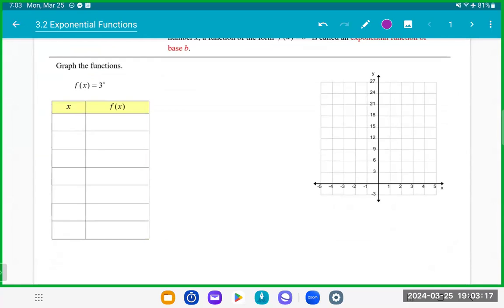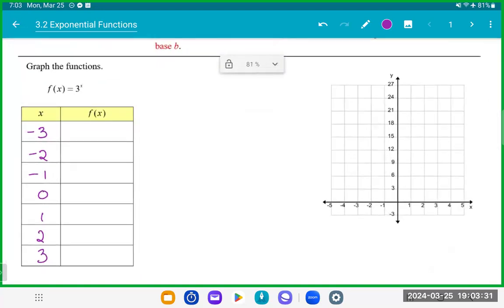Okay. So first, let's just look at if we had -3, -2, -1, 0, 1, 2, and 3. So if I'm looking at this function 3 raised to the x, so this would be 3 raised to the -3.